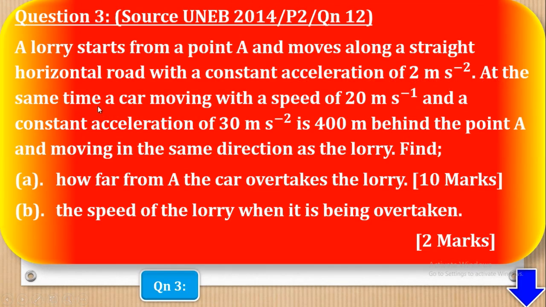At the same time, a car moving with a speed of 20 meters per second and constant acceleration of 30 meters per second squared is 400 meters behind the point A and moving in the same direction as the lorry. Then they ask, part A, how far from A the car overtakes the lorry, and that is 10 marks. Then part B, the speed of the lorry when it is being overtaken.